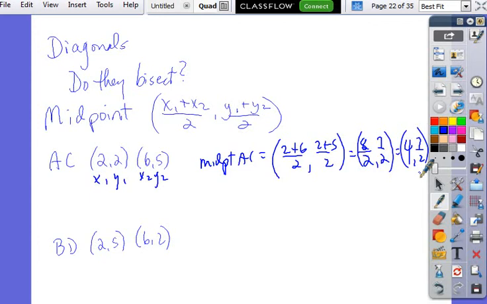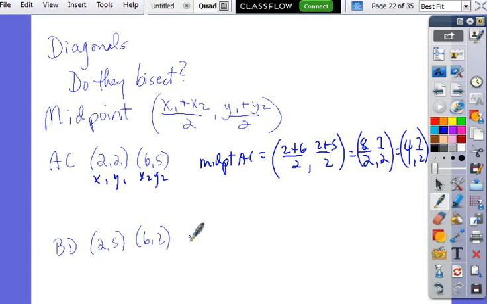All right, now we've already said this is a parallelogram, right? So what should happen with this second midpoint? It should be the same, because parallelograms have diagonals that bisect each other. That means the midpoint should be the same on both of them.